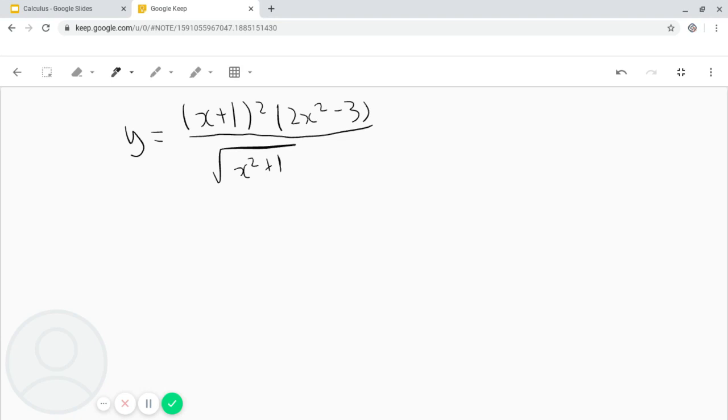Okay, so what we want to do first is take the ln of both sides. So ln y is equal to the ln of all of this.